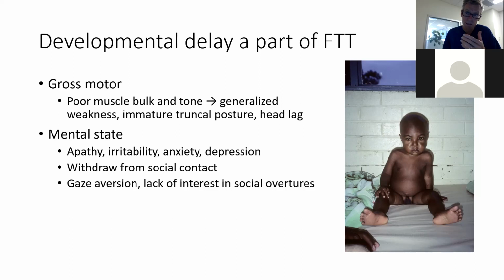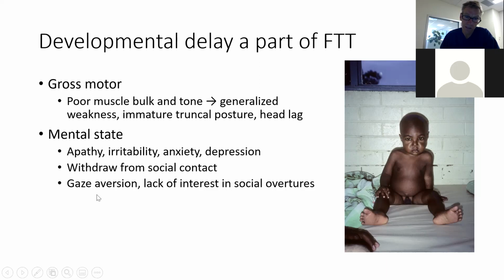Some neglected children will withdraw from social contact. That's different to stranger anxiety, which is a normal thing, so it's not a feature of neglect, but it's often a feature of just being normal developmentally. But if an infant withdraws from all social contact, especially with the parents, then that can be a sign of something serious going on.